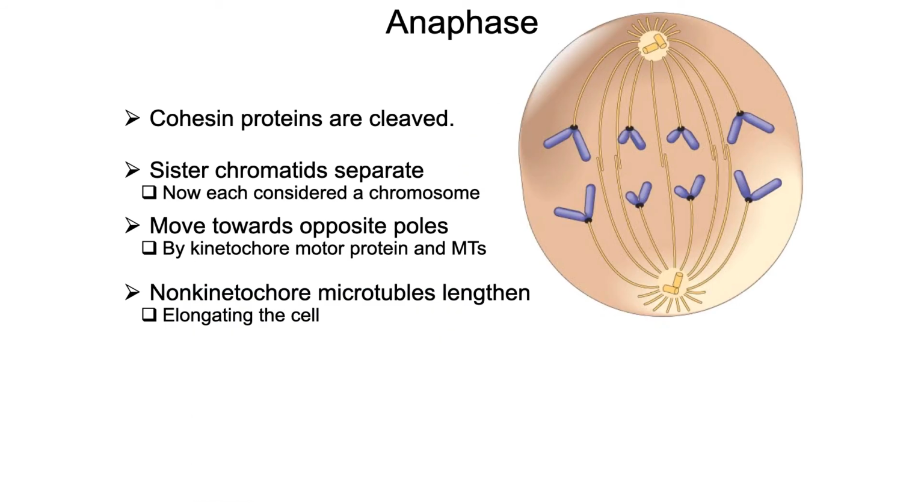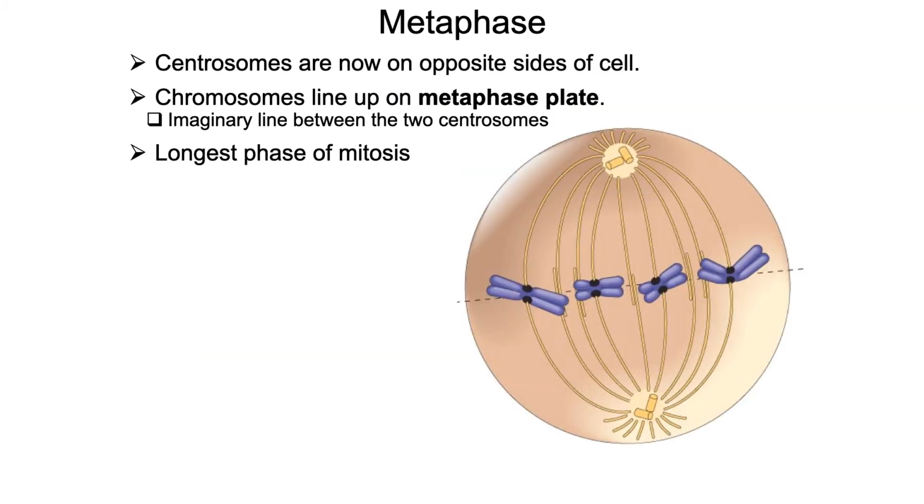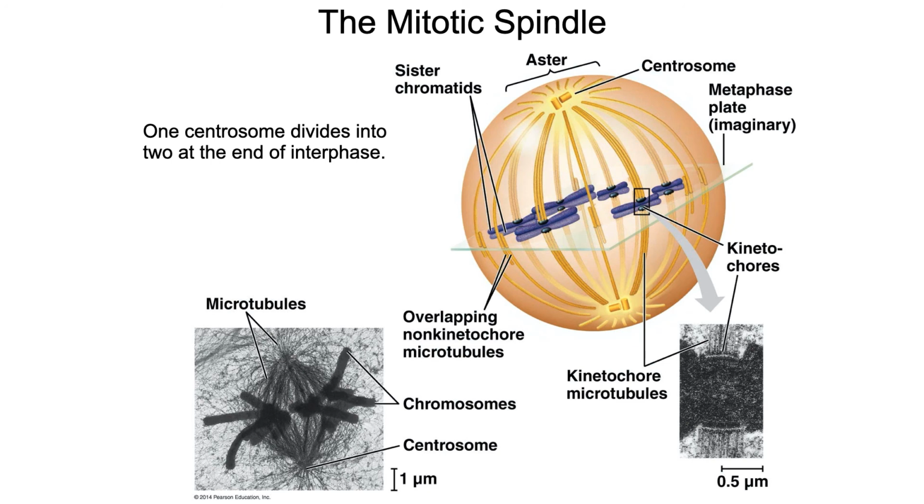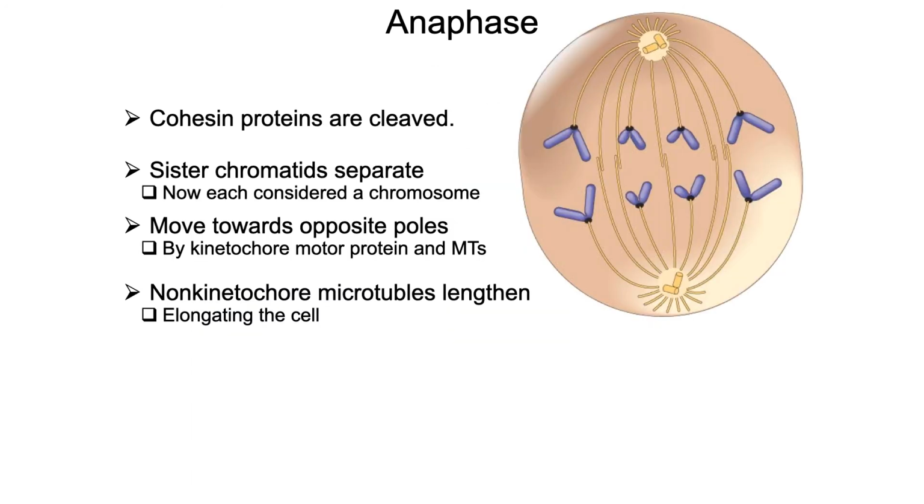Anaphase is next. Anaphase is the phase at which the sister chromatids that have been linked together by a protein called cohesin, well, at this point, that protein, and we're going to talk a little bit more about this protein later, is split, and that allows the sister chromatids to separate.